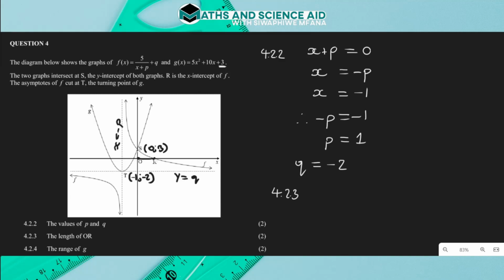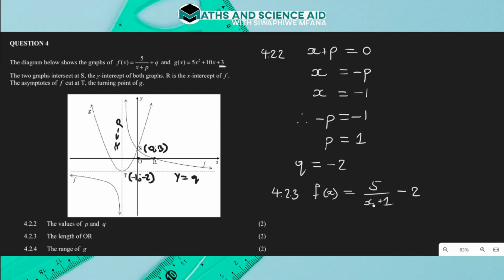And we're told that R is the x-intercept of f. So we can simply work out the x-intercept of f, because right now we do know the complete equation for f. It will be 5 over x plus 1, because the value of p is 1, minus 2, which is the value of q.